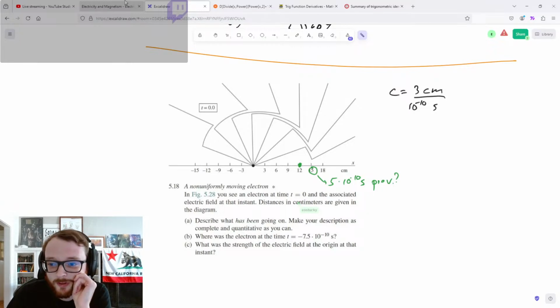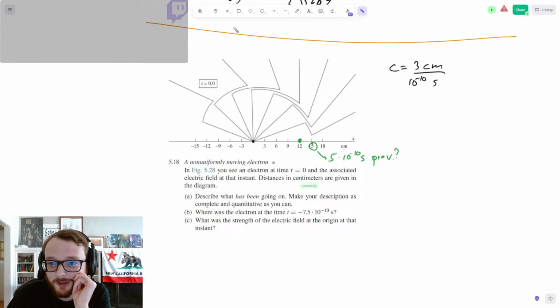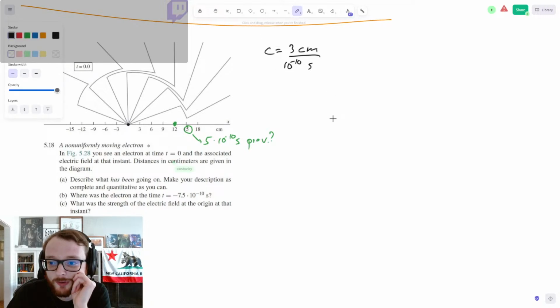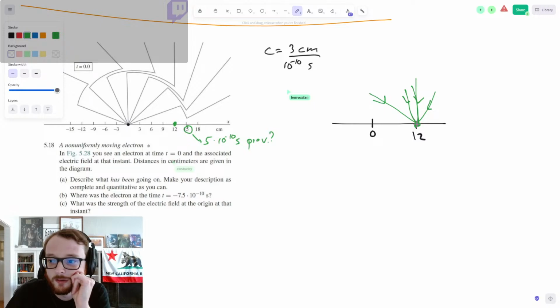So it could be moving to the left, because if we ignored the whole stopping thing, back when the particle was at 12, and if it never decelerated, those few lines should be bunched up more perpendicular.